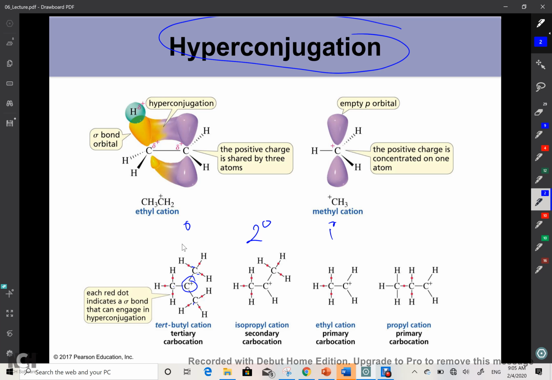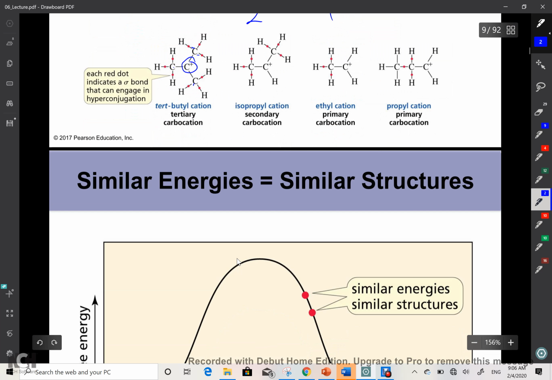Resonance. Resonance has a stronger contributing power than hyperconjugation. That's why the benzylic and the allylic are more stable than the tertiary, secondary, or primary. That's the way I want you guys to think about this kind of stuff.